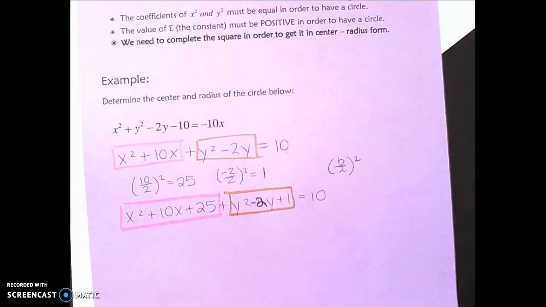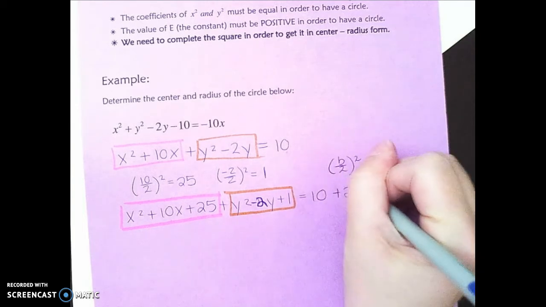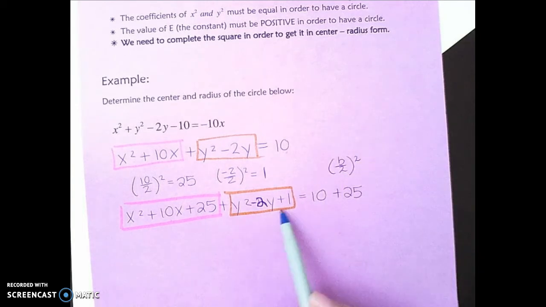What I did essentially is add two numbers to the left side of my equation, but I have to keep my equation balanced. If I add 25 to the left side, I have to add 25 to the right side. And if I add 1 to the left side, I have to add 1 to the right side to keep it balanced.